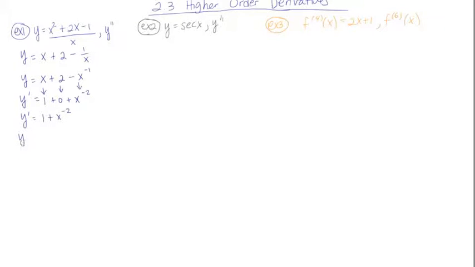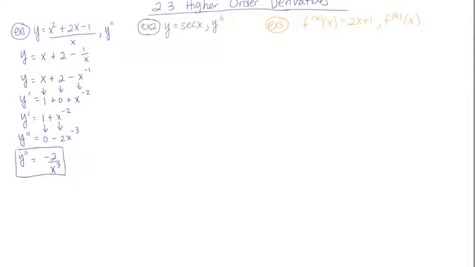Now, I'm going to take the derivative of the derivative. Well, the derivative of 1 becomes 0, and then the derivative of the second term is negative 2x to the negative 3. Not wanting to leave negative exponents in our final answer, we get negative 2 all over x cubed.